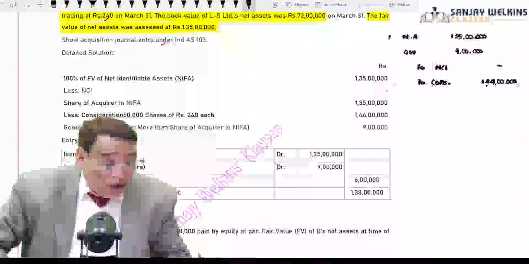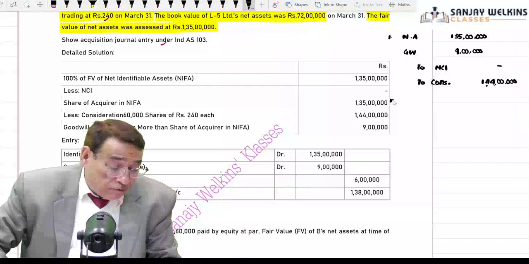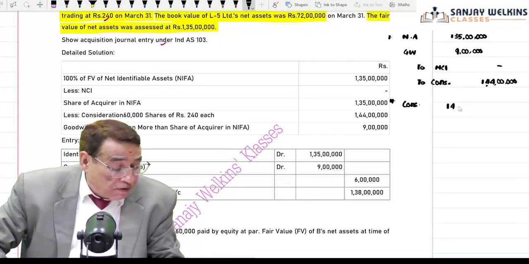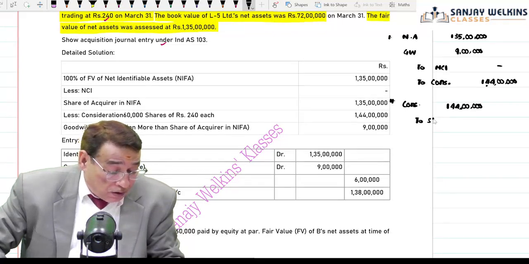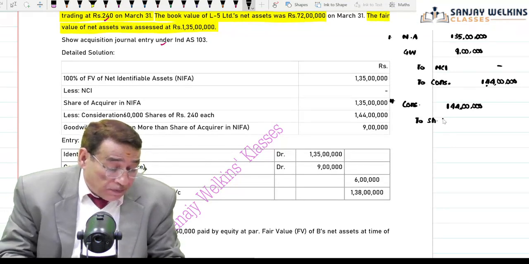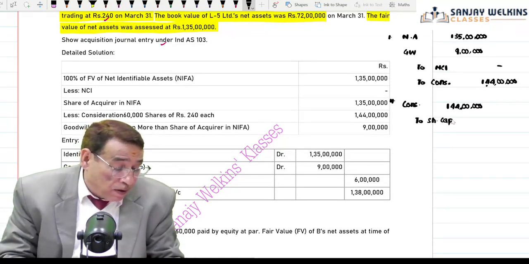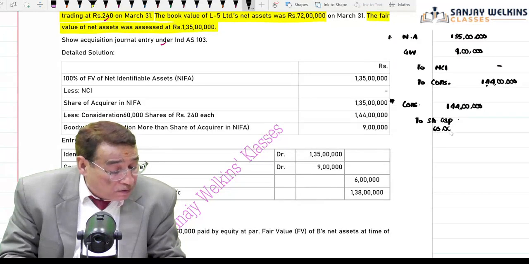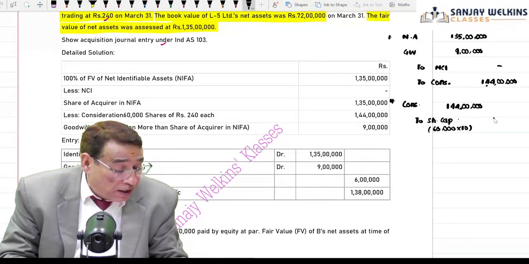I told you when you write this entry, supplement it with this one also. So your next entry will be consideration payable 144 lakh, to share capital. Because you are offering 60,000 shares and the face value of the share is 10, you are going to write here 6 lakhs.